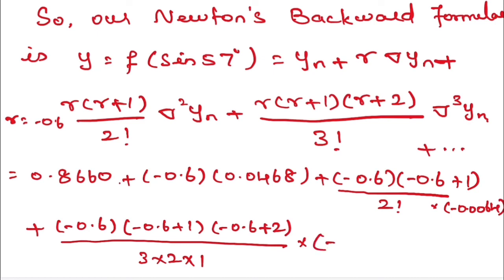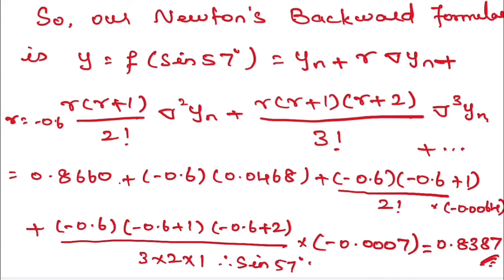After simplifying this, you get 0.8387 as your answer. So therefore our sine 57 is 0.8387, the solution of this question.